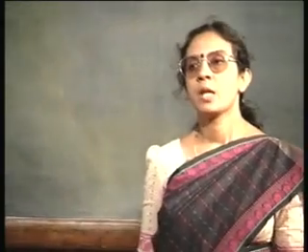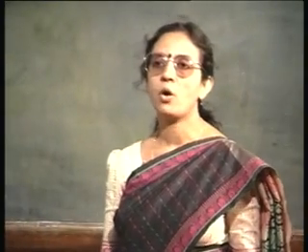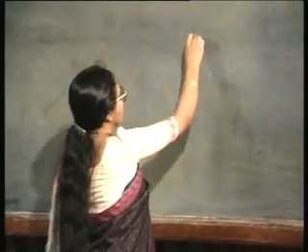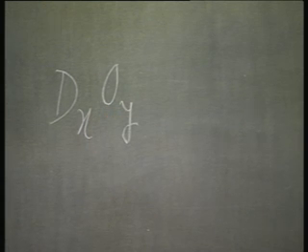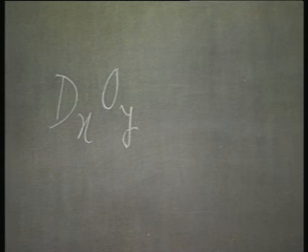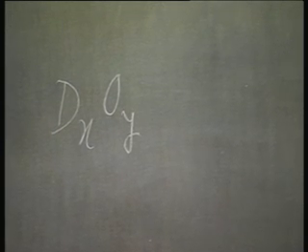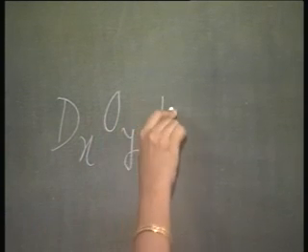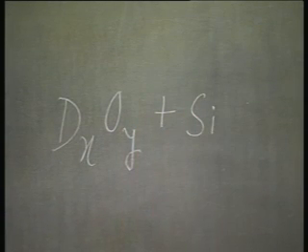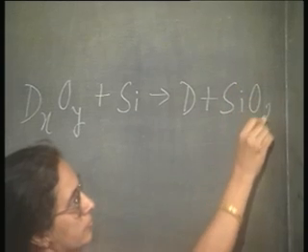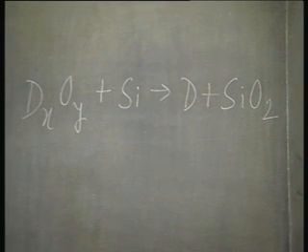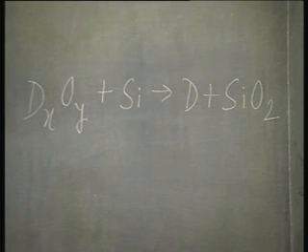So, essentially in most of the silicon diffusion processes, we have the oxide of the dopant, generally as DxOy, where D stands for the dopant. Some oxide compound of the dopant reacts with silicon to release the dopant, because silicon has a great affinity for oxygen.